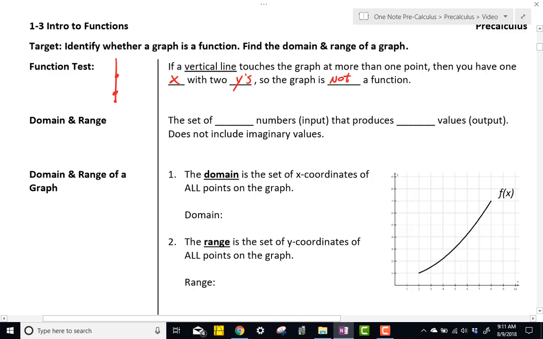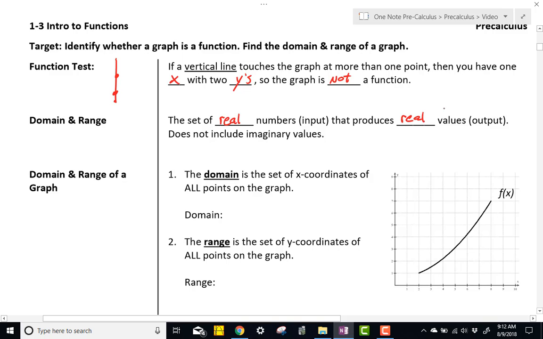Domain and range. When we talk about domain and range, domain is the set of real numbers. So basically anything that you could think of that's a real number, decimals, fractions, square roots, cube roots, whatever, the set of real numbers, those are your inputs, that's your domain, that produces real values for your output.